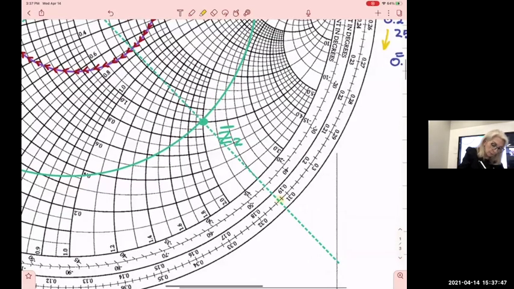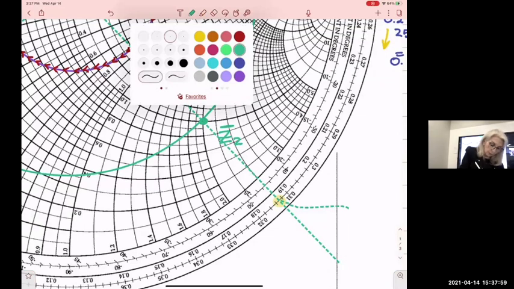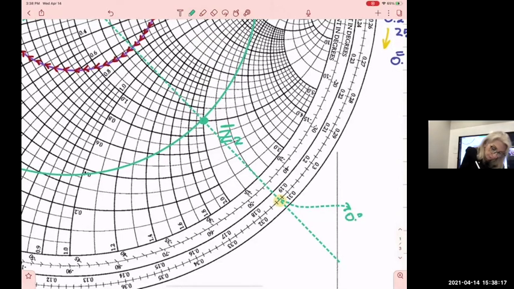And I'm right here. And I will read this number. It's going to be 0.31, 0.312, 0.313. So it's practically 0.313 lambda.